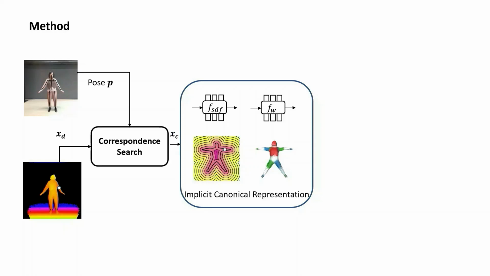Given poses derived from RGB-D sequences, the corresponding canonical points can be calculated via an iterative correspondence search. We condition the SDF network on the pose, so it can learn to handle pose-dependent deformations.